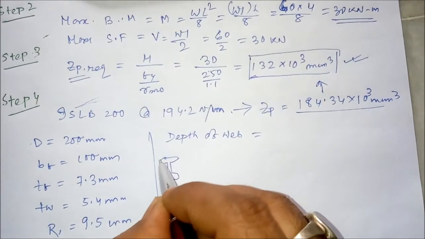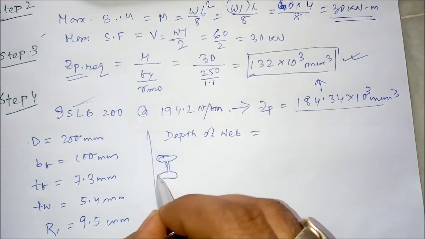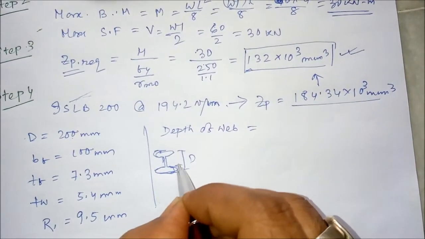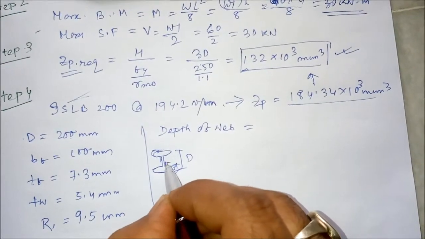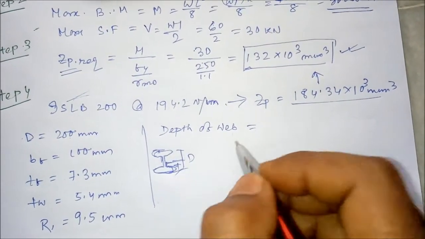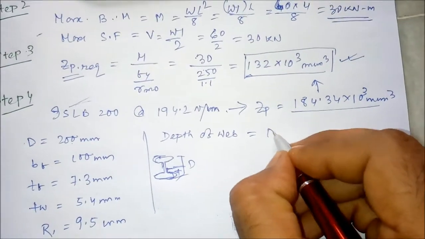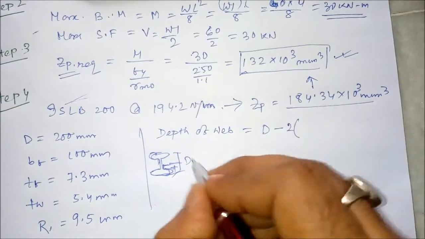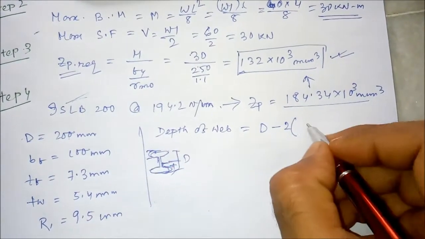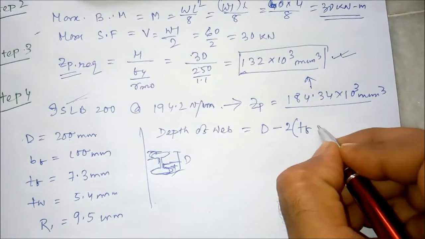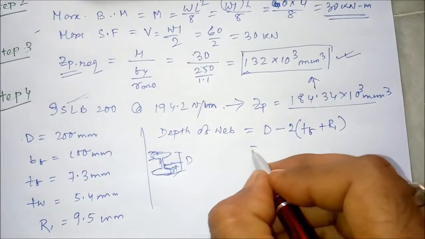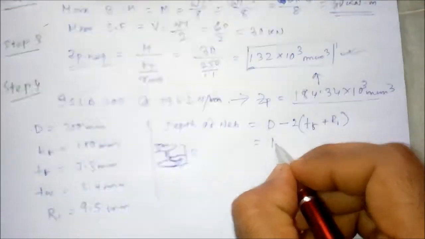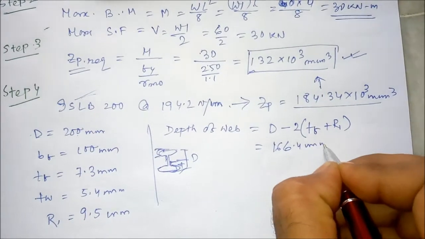Suppose this is the I section, so the depth of the web will be equal to the total depth minus the thickness of the flange minus the root radius up to there, right? So this will be total depth minus 2 into the thickness of the flange plus root radius, because this is on both sides. If you put in all the values, this will give 166.4 mm, right?